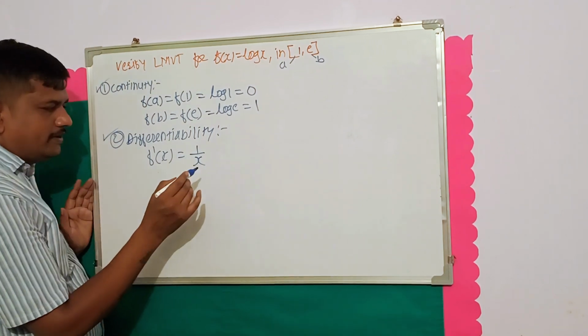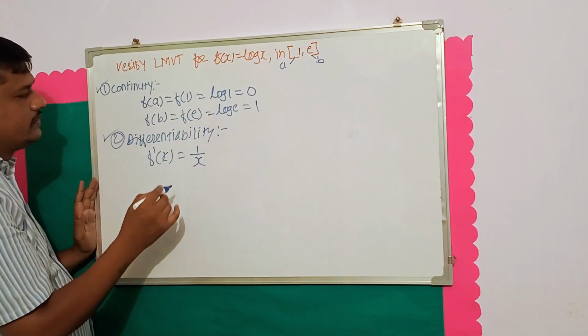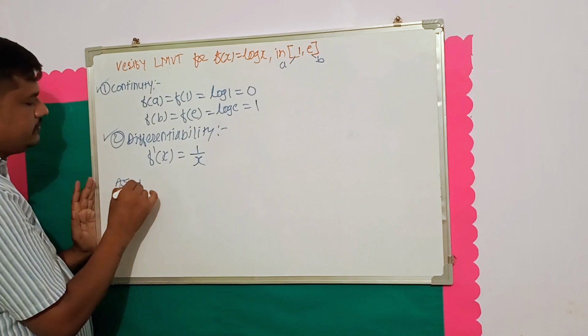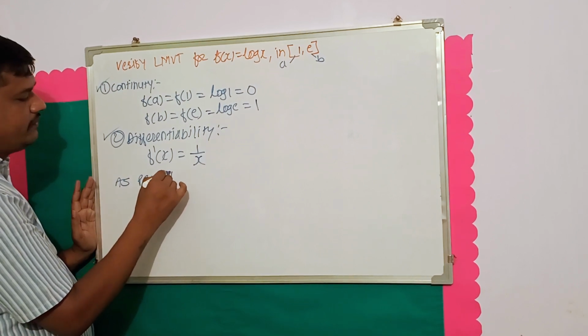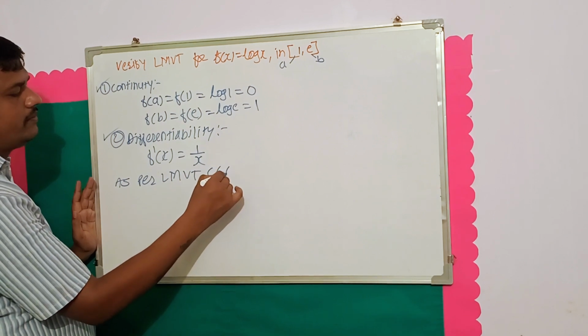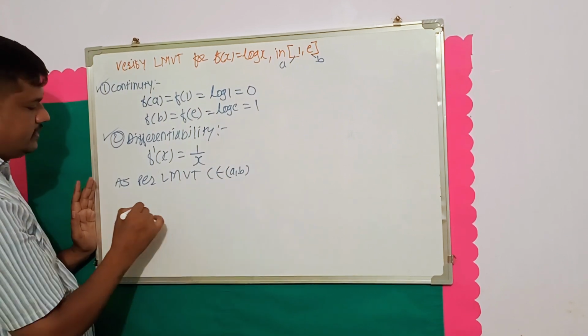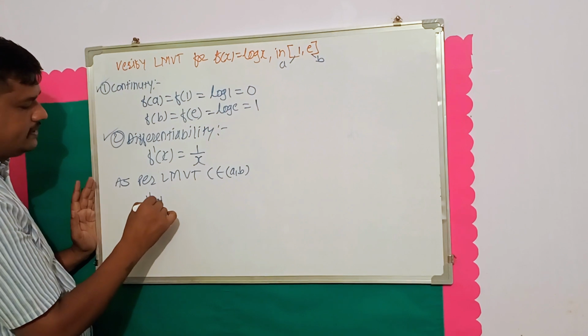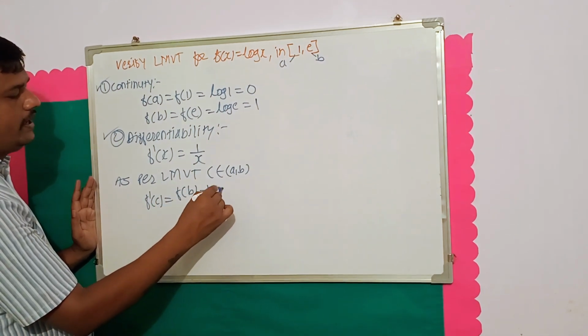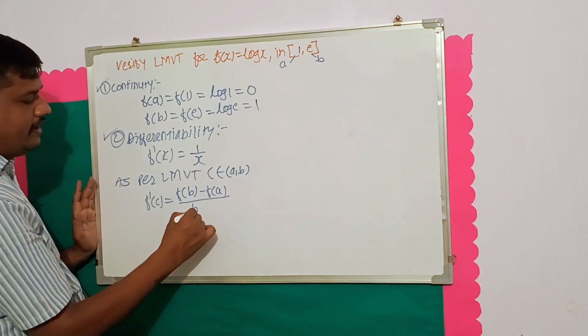So this is differentiable and it is continuous. So what we can say, as per Lagrange's mean value theorem, we must have some c belonging between a and b, such that f dash of c is equal to f of b minus f of a divided by b minus a.